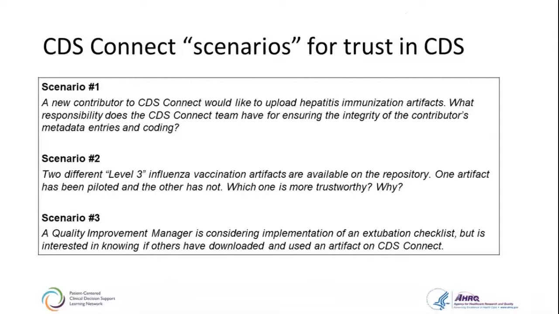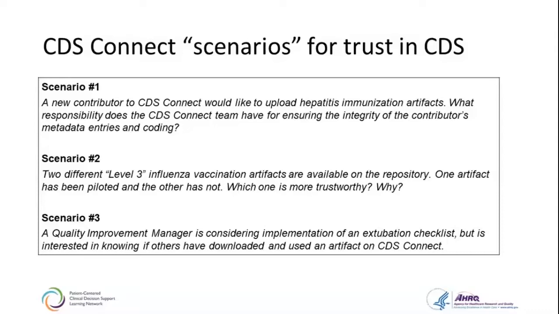In order to ground ourselves, we worked from three scenarios for trust and clinical decision support that emerged from CDS Connect's own experience. In the first, CDS Connect wondered how to ensure the integrity of a contributor's metadata and the coding for the artifact. Another scenario gets to findability: if there are two similar artifacts, one that has been piloted and the other not, how does an end user determine which is more trustworthy and why?